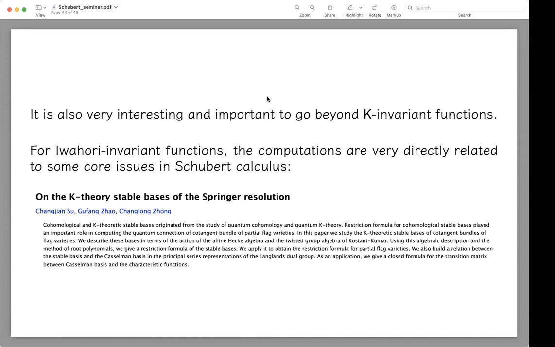We compute not just some genus of that T star, but some genus of that T star coupled with some Schubert classes. And the Schubert classes in the Iwahori-fixed case have already been studied in this paper, which is a good paper. I'm sure it's familiar to many of you, and it's part of a story which is probably also familiar to many of you.